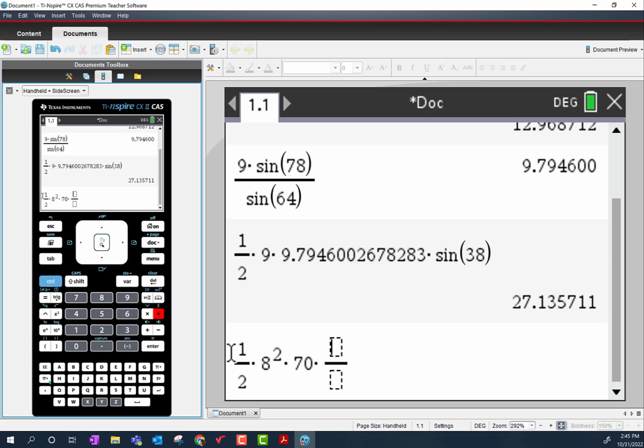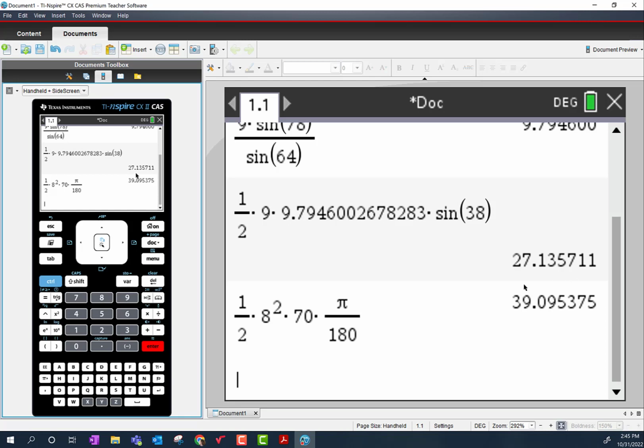We put all that in at once and hit Control Enter. That gives us our approximation, 39.095, and so on. That's the area of the sector.